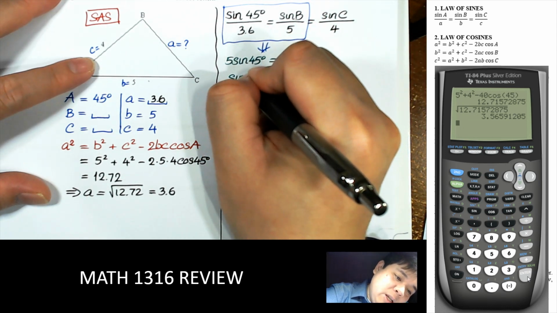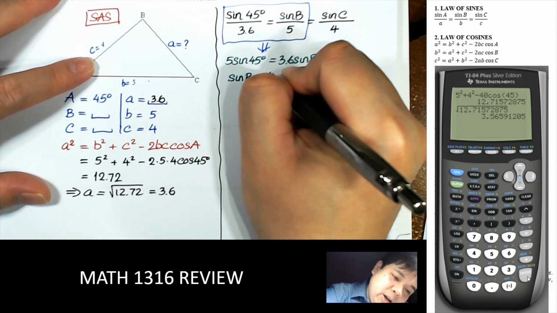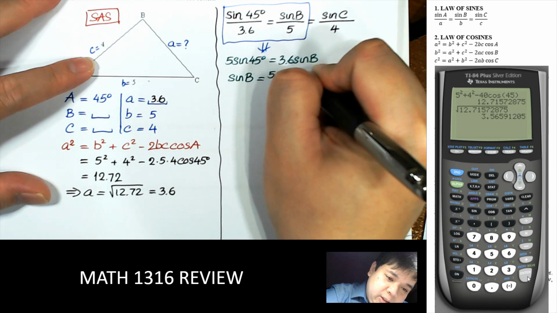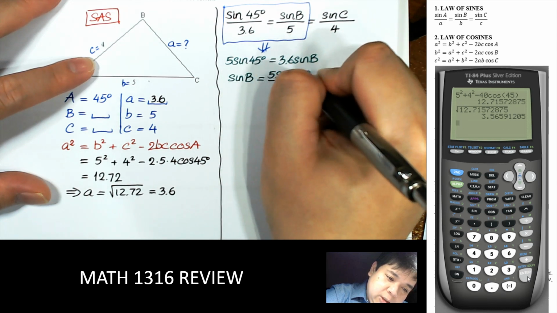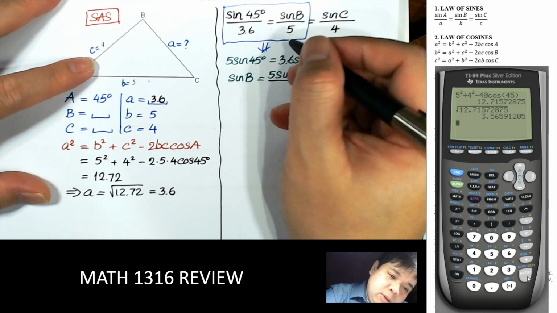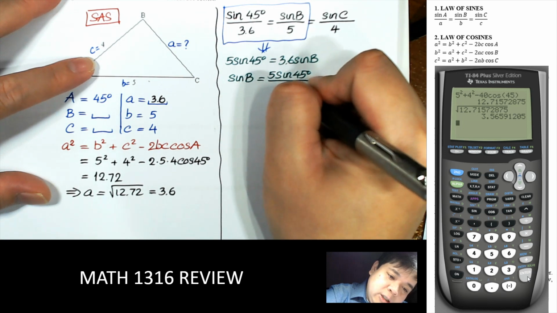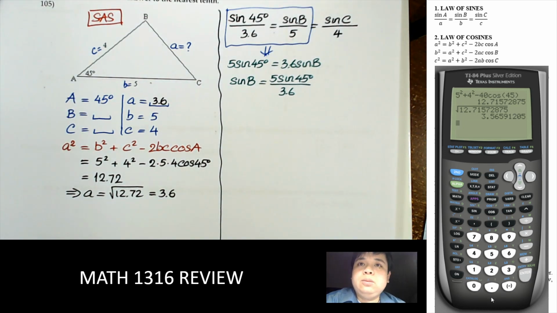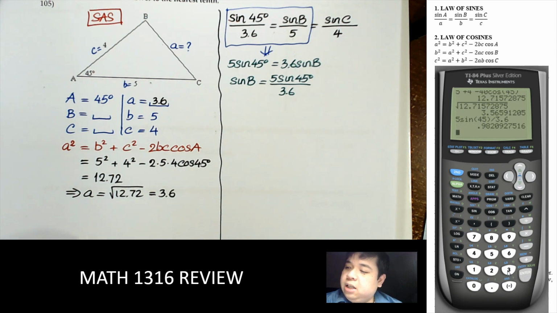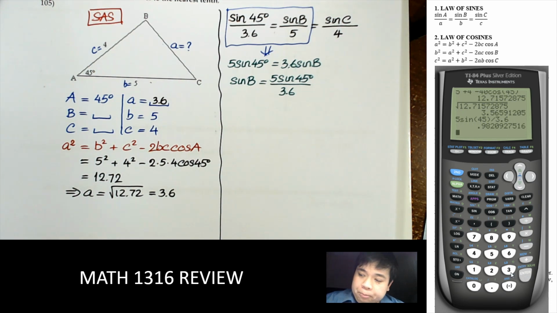So sine of B equal 5 sine of 45 over 3.6. 5 sine of 45 divided by 3.6. So 0.98 something.